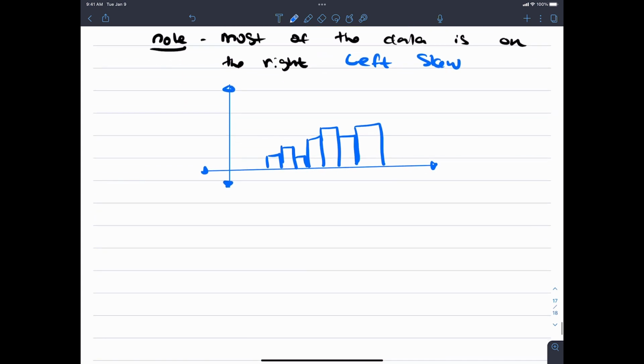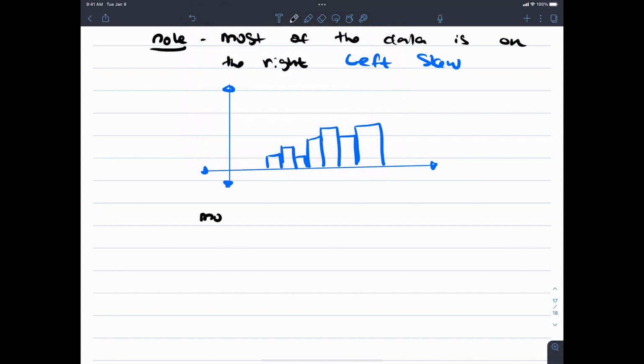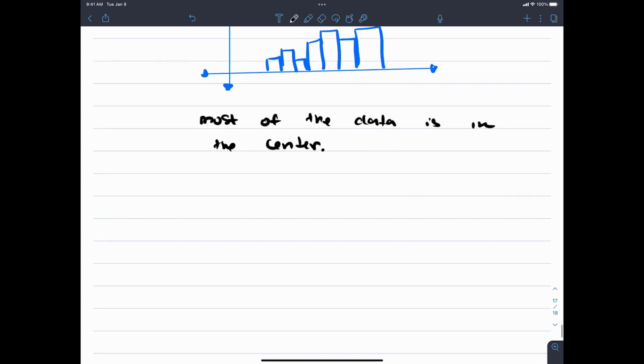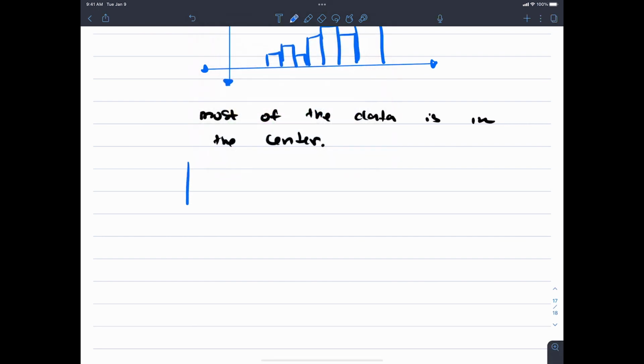Okay, and you also have a situation where most of the data is in the center. So where most of your data is in the center, ladies and gentlemen, that's called what? Right, so here's kind of a picture of what I'm talking about.